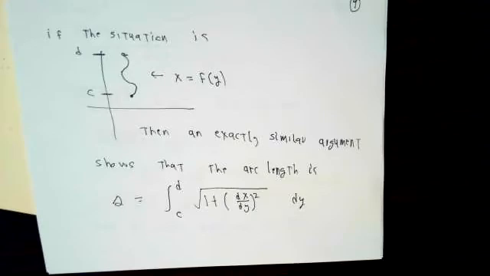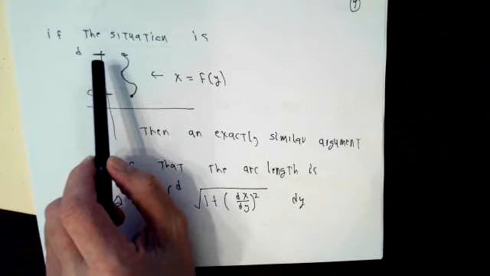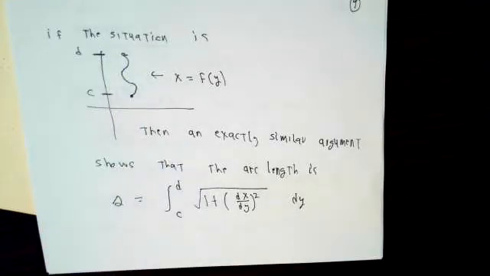Now, as I said, you can do another situation where x is the dependent variable and y is the independent variable, so x is a function of y here. I could start at some c as a y value, end at some y value d, go through the same argument as before, and you will find out that this is the formula for the arc length. This is exactly the same thing we got the first go round, except every place I had a reference to x before, I have a reference to y, and vice versa.